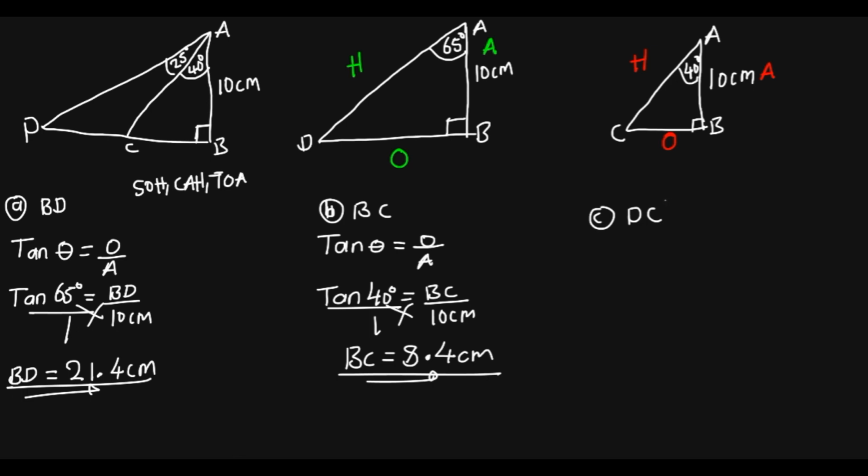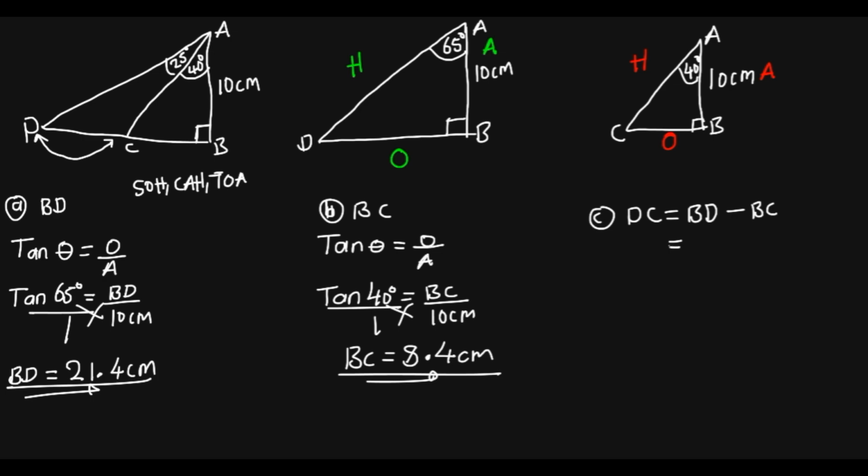Now let's look at DC. For DC, we are just looking at the distance from here up to here. Under this question, we are not going to use trigonometry. We are just going to subtract. So DC is equal to the distance BD minus the distance BC.